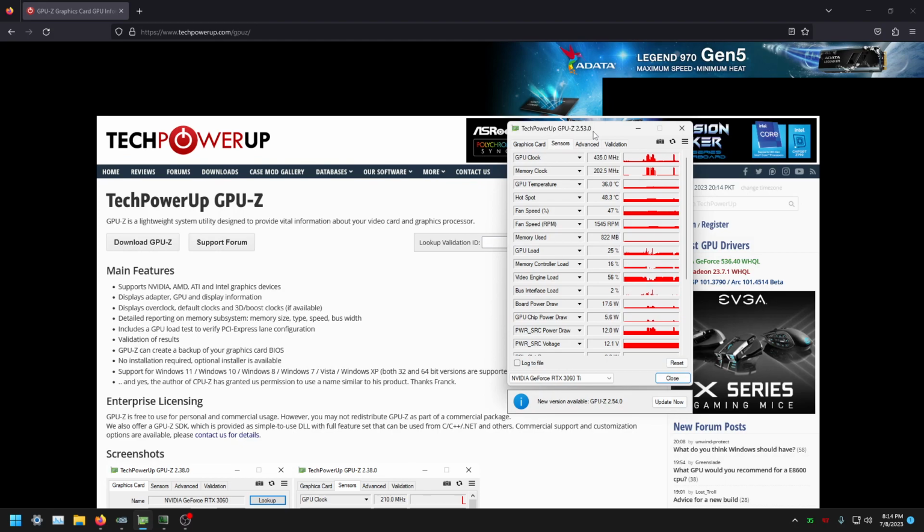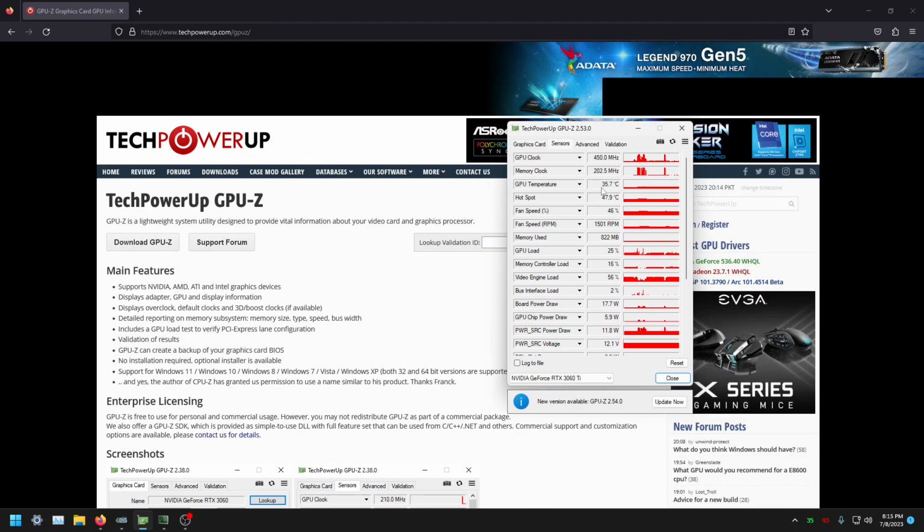And for temperatures, for problem number one, have a look at the sensors tab. You will see a GPU temperature and a hotspot temperature. Normally when we play games, the temperature differs from card to card.